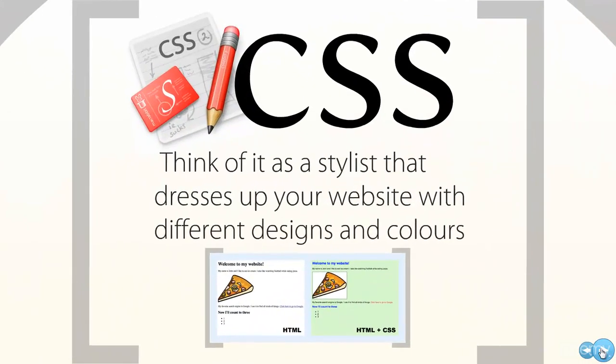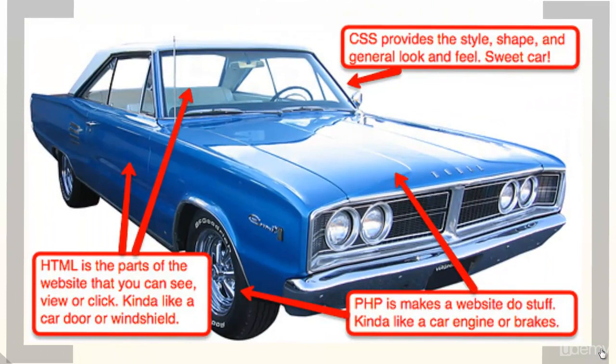Now, last of all, we're going to be having a look at CSS, which stands for Cascading Style Sheets. And let's have a look at this picture here. So if we think of HTML as the car, it's got four wheels, it's got a windscreen, it's got lights. But the CSS makes it look sexy. It's how you see it. So HTML is what you see, and CSS is how you see it.